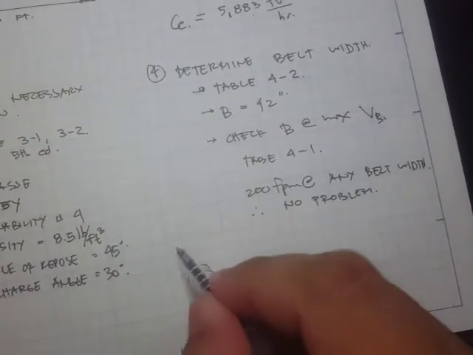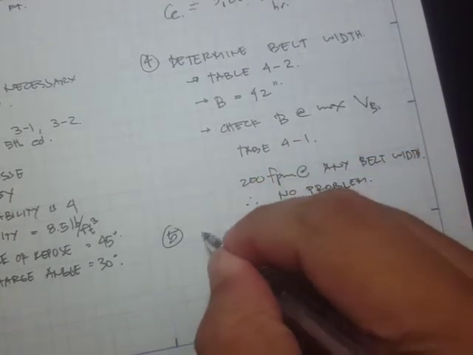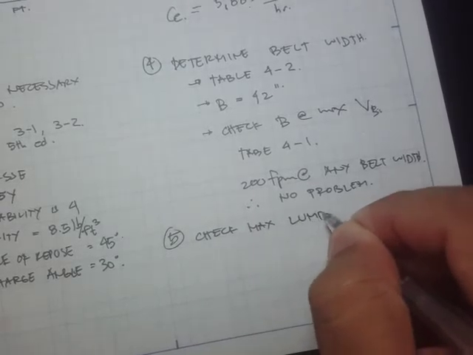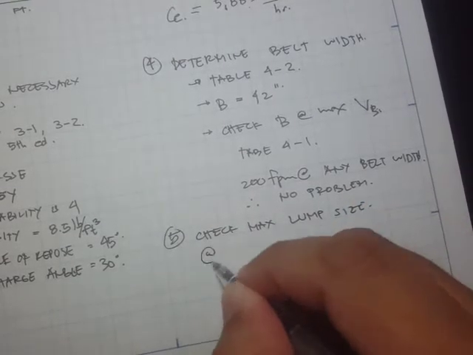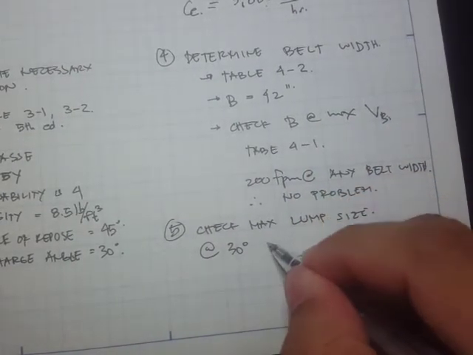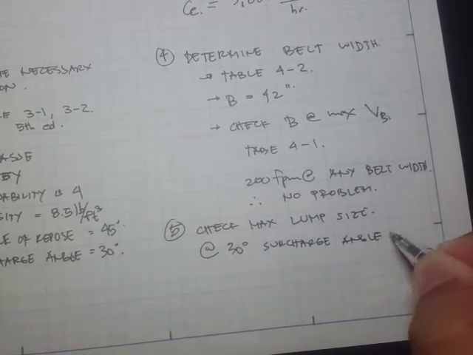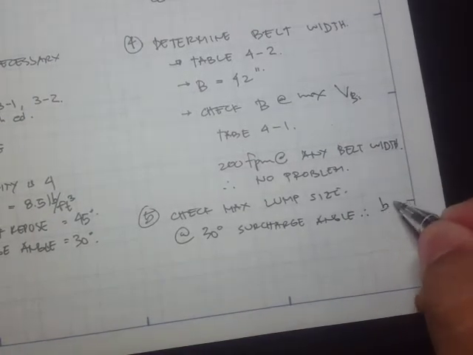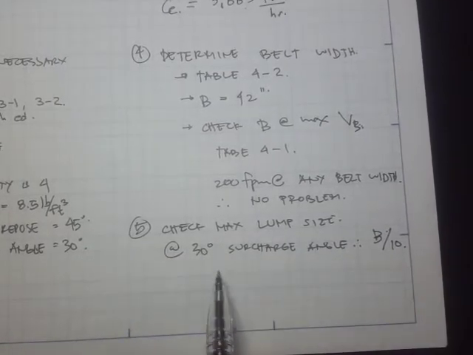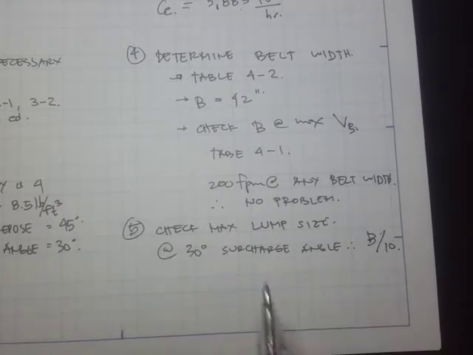Okay, so the next step is to check the lump size, maximum lump size. We check max lump size. Okay, so we have a 30-degree surcharge angle. Therefore, our equation for checking it would be b all over 10. That's in our handouts, but it's also expressed in terms of statements in the handbook.